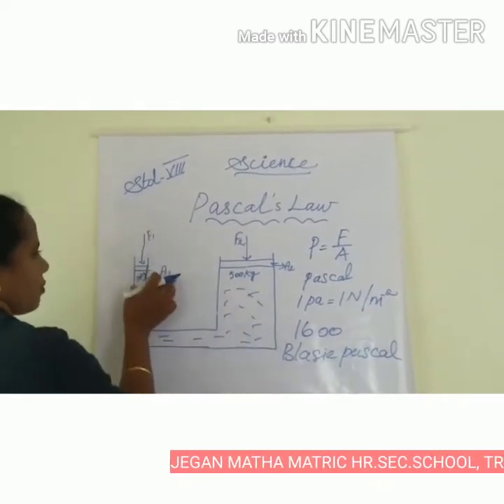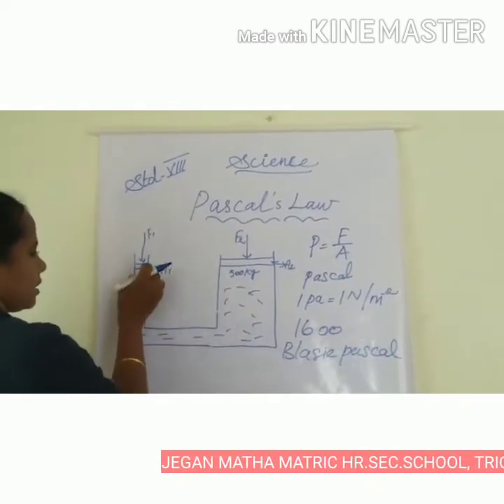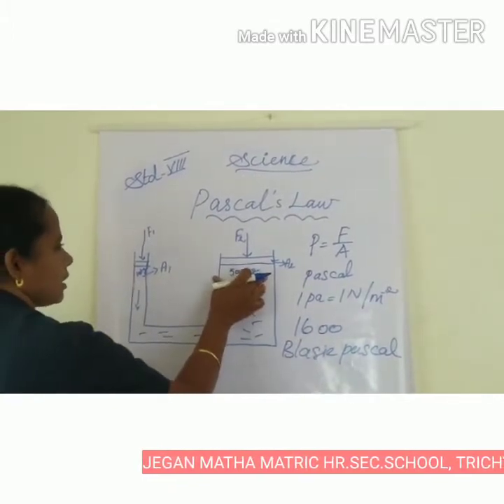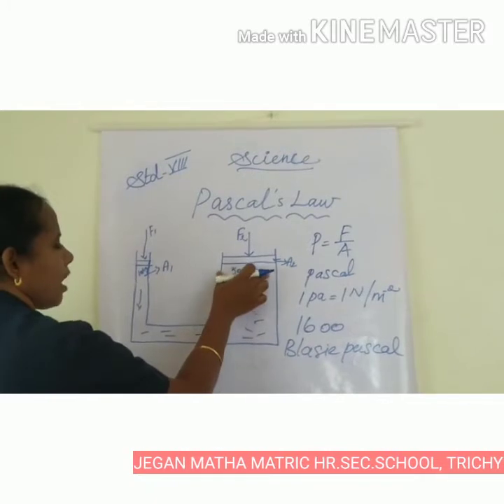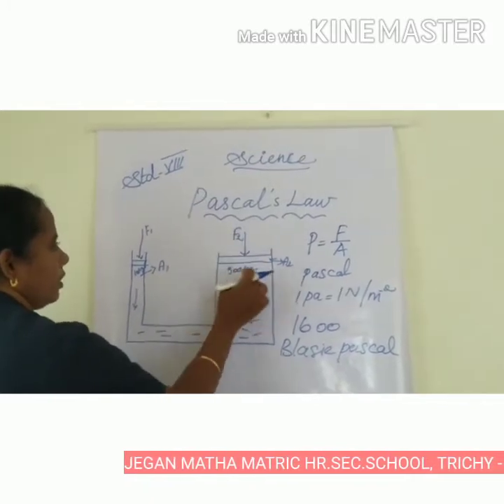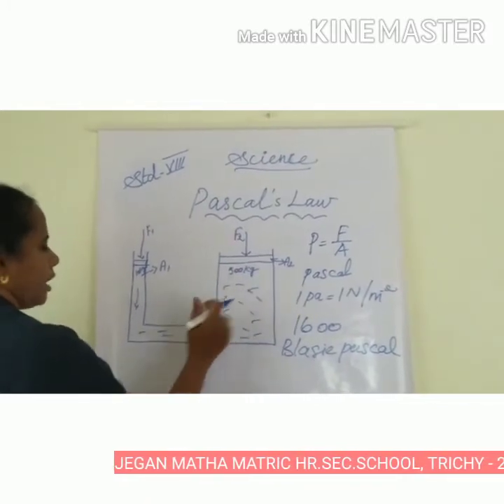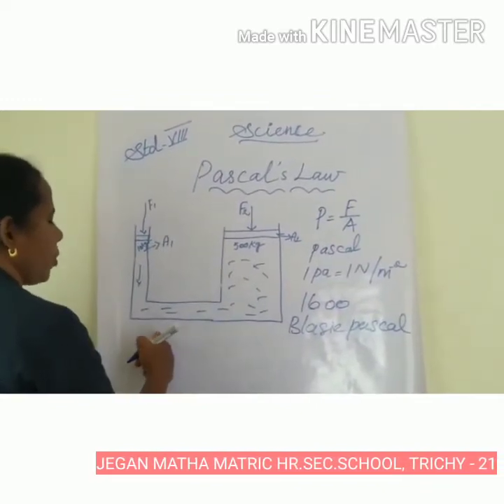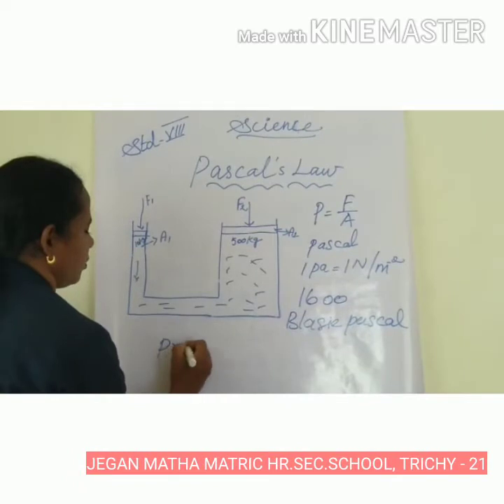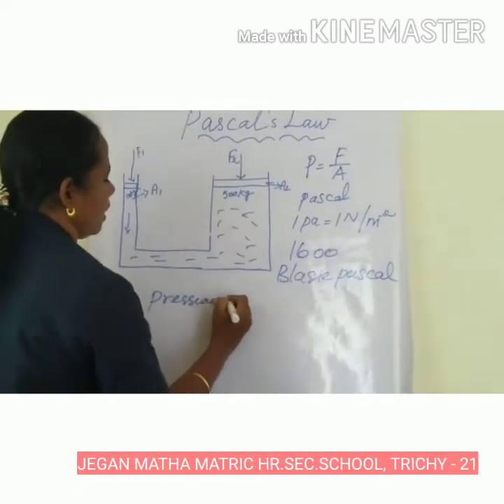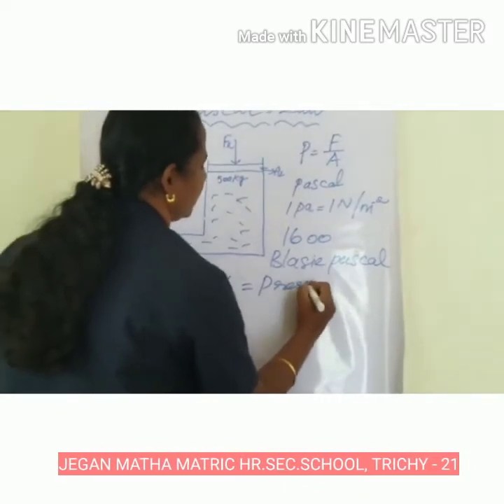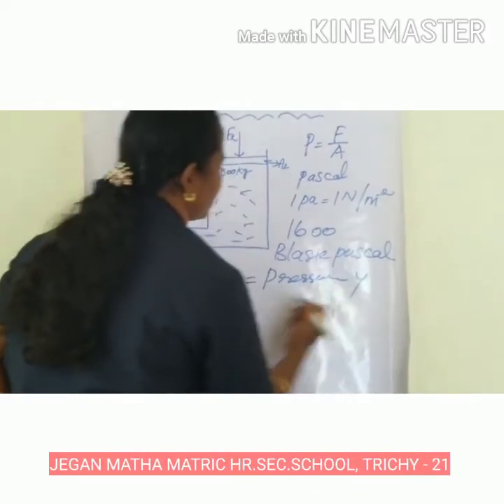The smaller area is A1; on the larger piston the force is F2 and the area is A2. The pressure at point X is equal to the pressure at point Y.